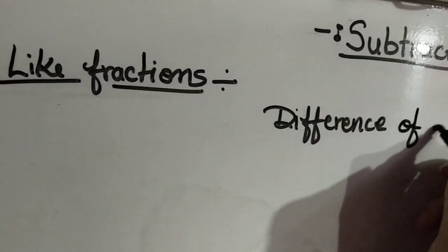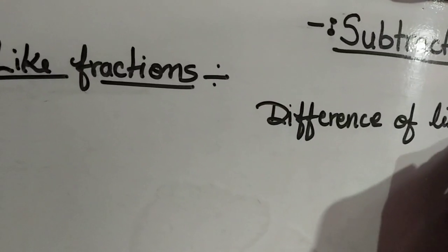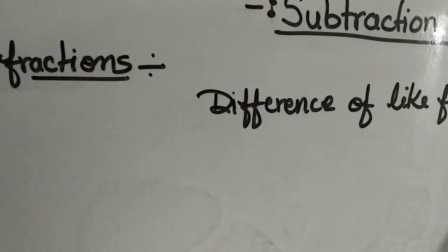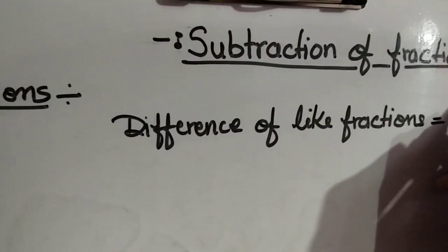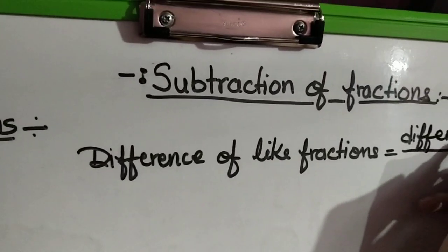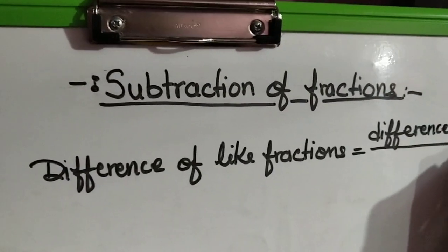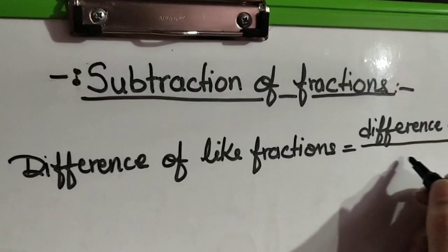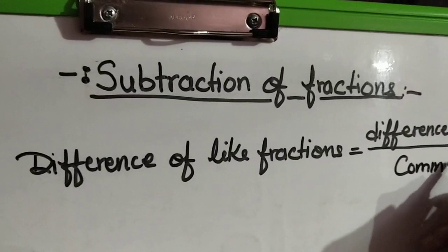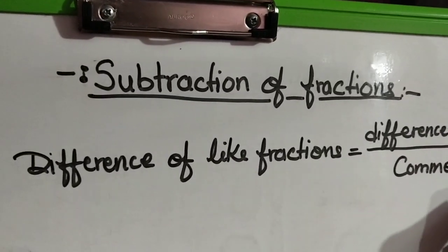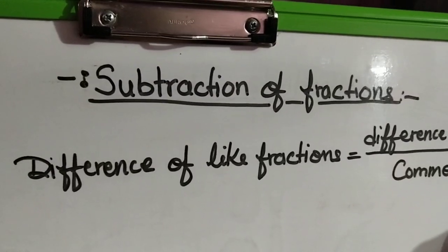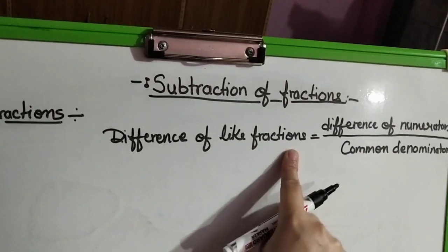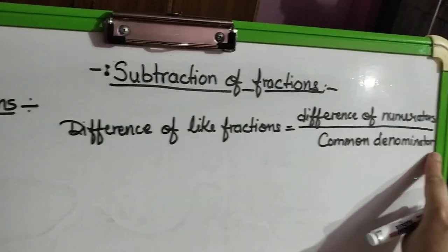Difference of like fractions equal to difference of numerators upon common denominator.